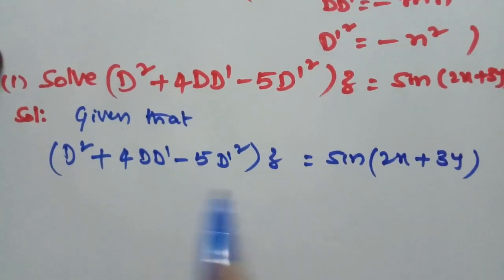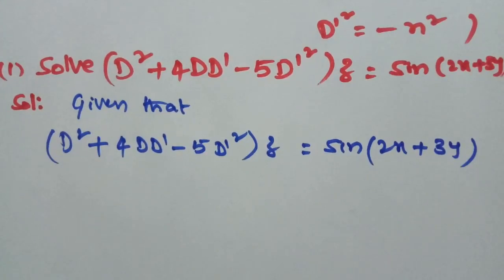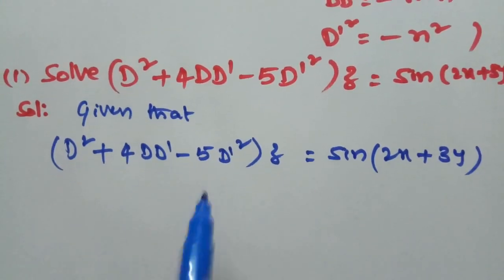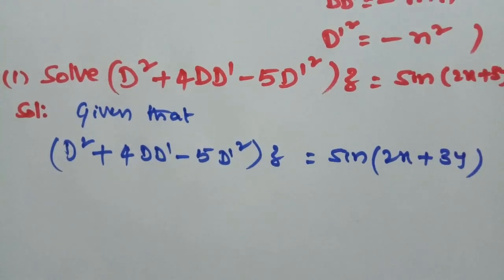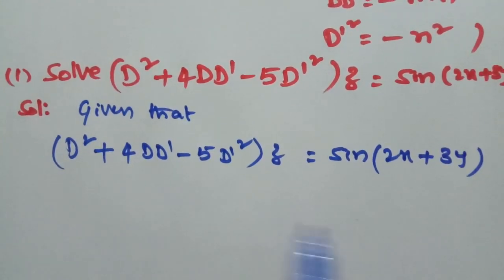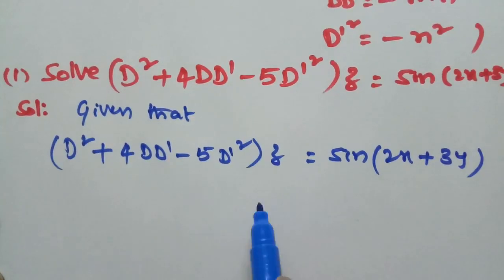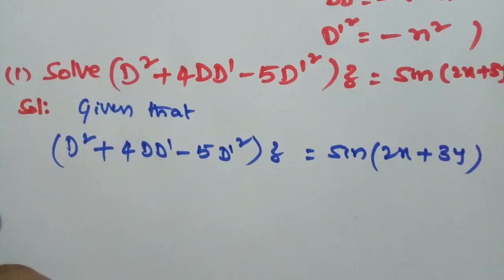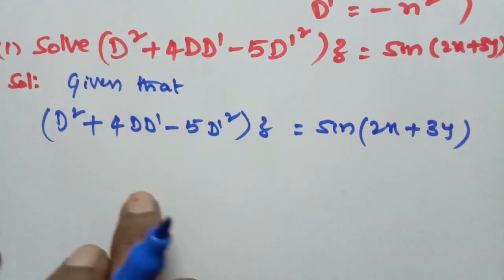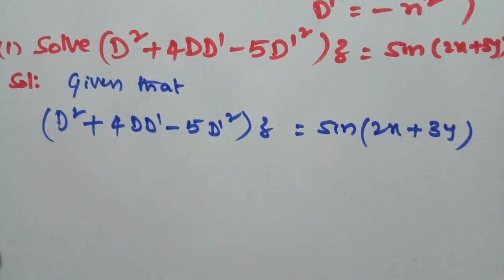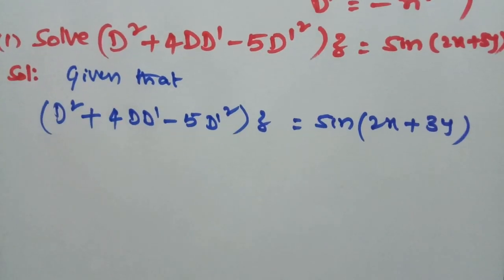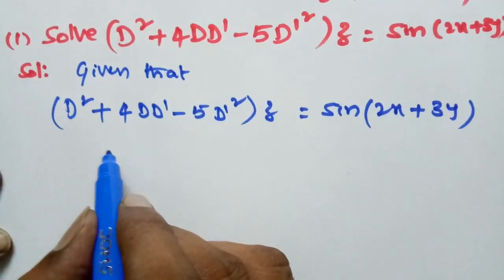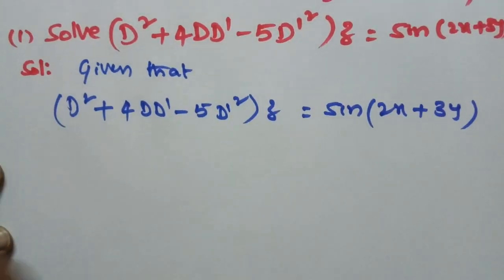Now this is the homogeneous higher order linear partial differential equation. Here it is a second order linear partial differential equation. It is homogeneous, therefore it has a complementary function plus particular integral. Complete solution is equal to complementary function plus particular integral. Therefore, to find the complementary function, you have to write the auxiliary equation.